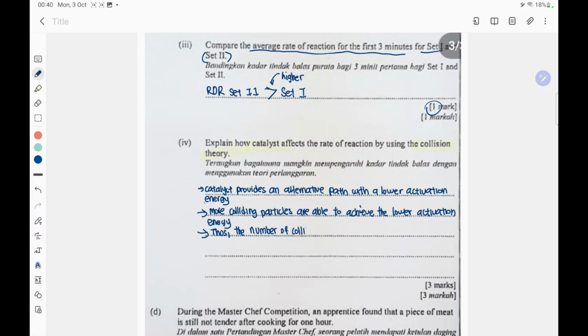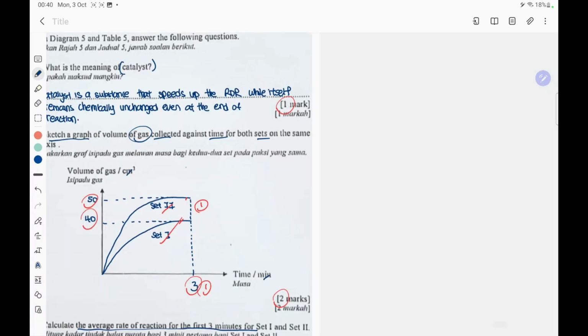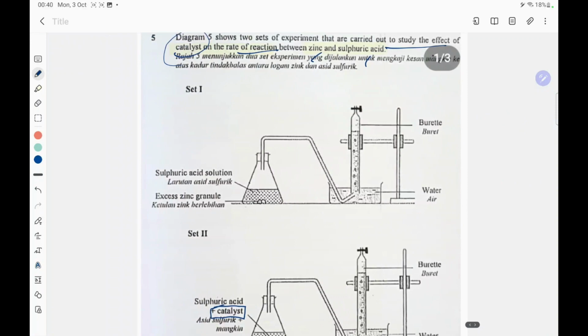Okay, if can, please make it specific. Like for this experiment, what are we using? We are using the sulfuric acid and zinc.